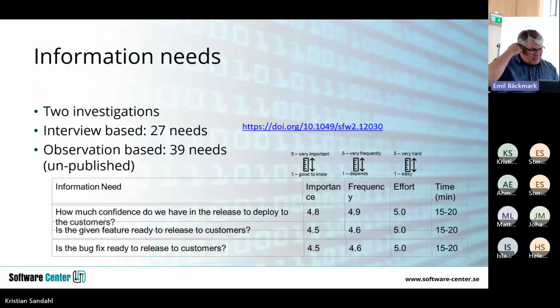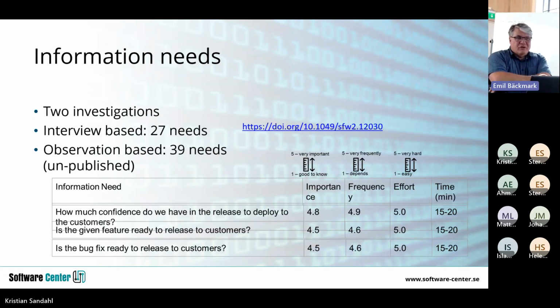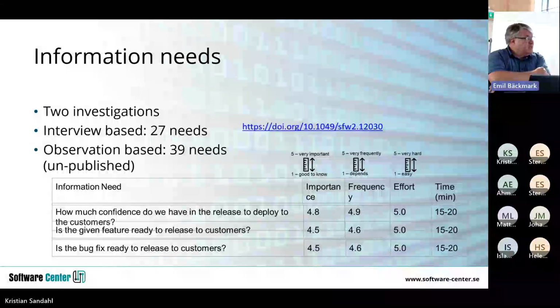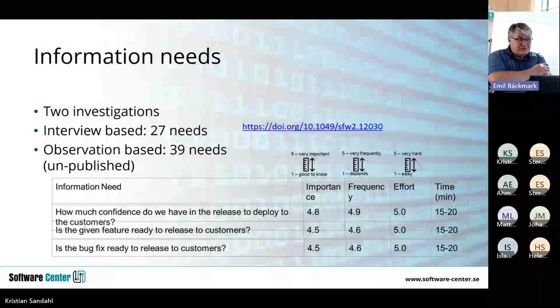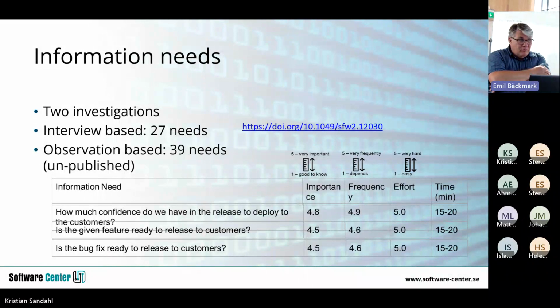More interesting, at least from an academic point of view, is that we have been starting to look into different types of information needs that you really would like to ask in a full-fledged continuous integration flow with sources from different tools.